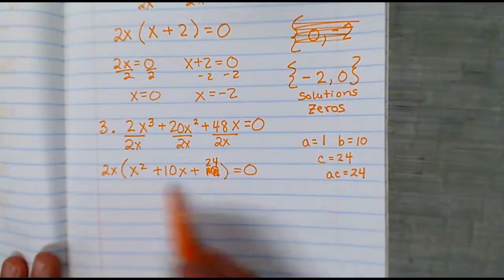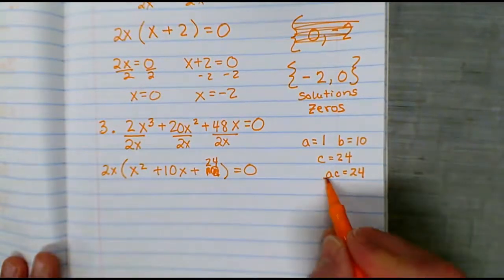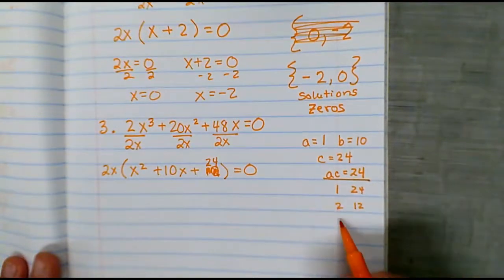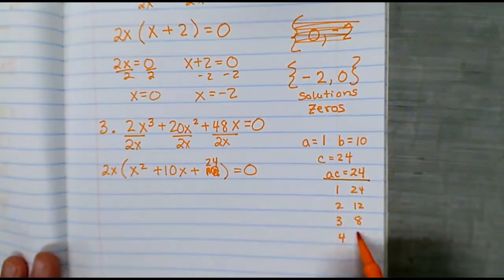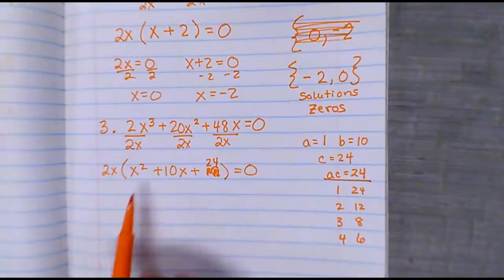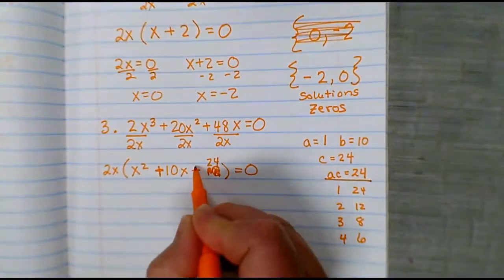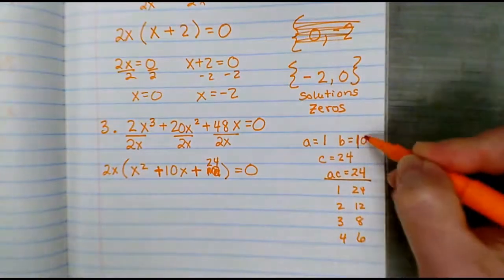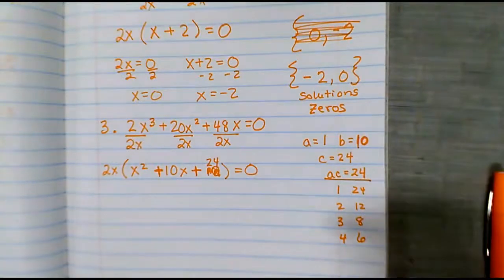Everything in this problem is positive, so all of my factors are going to be positive. 2 times 12, and 3 times 8, and 4 times 6. And everything's positive because this is positive and this is positive. So, which pair of factors can add up to equal 10 if everything's positive?